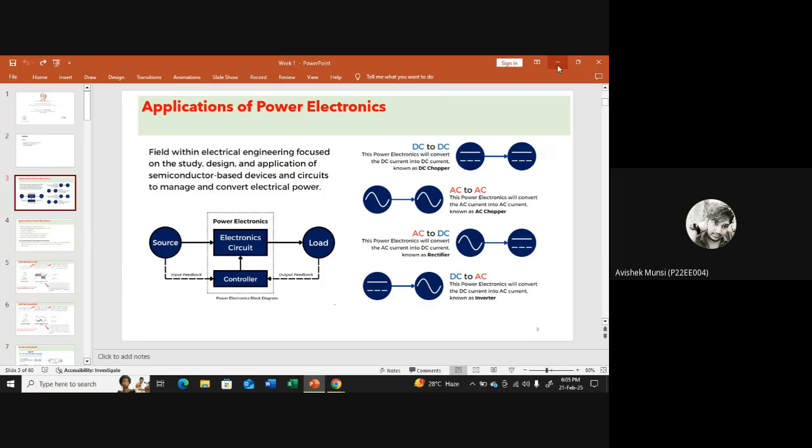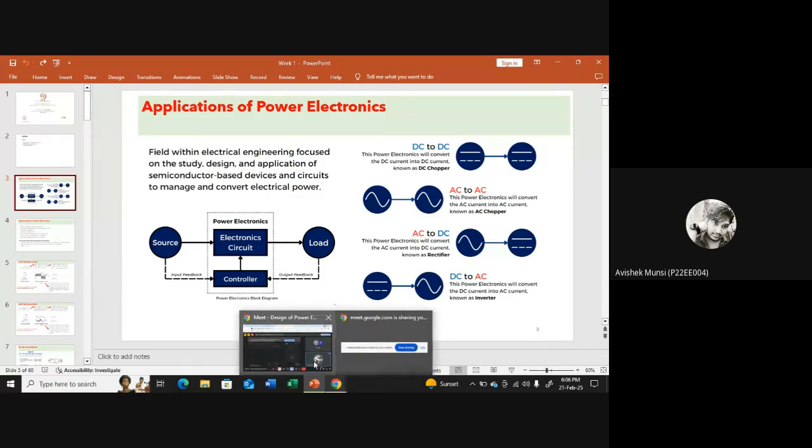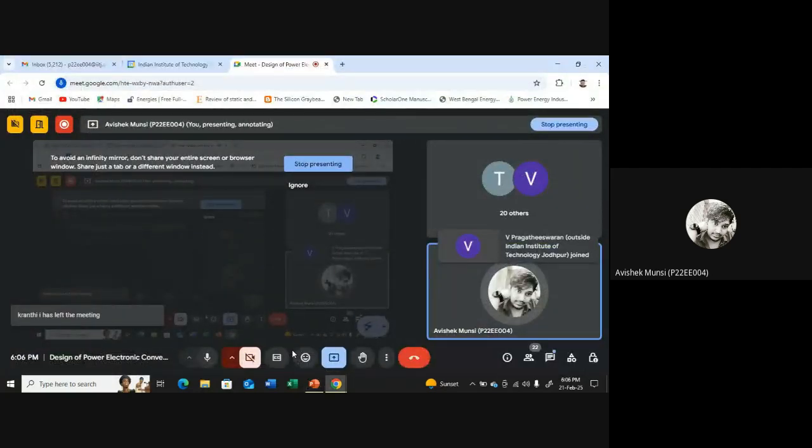That kind of converter we already learned from the basics of class 10, 11, that is a rectifier, right? And if we have an input of DC and we're getting an AC, that kind of converters are called inverter. So in power electronics, the DC-DC converter, the inverter, and the rectifier, these three are very important things we have to deal with every time whenever you're in power electronics.